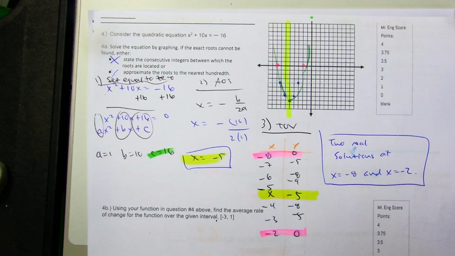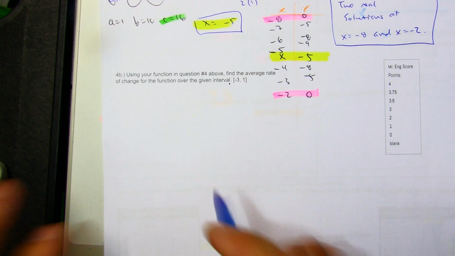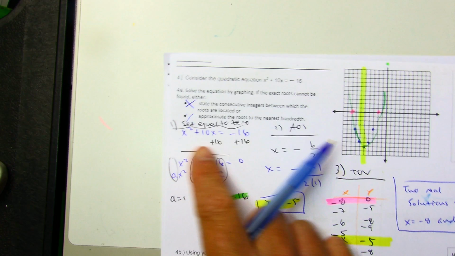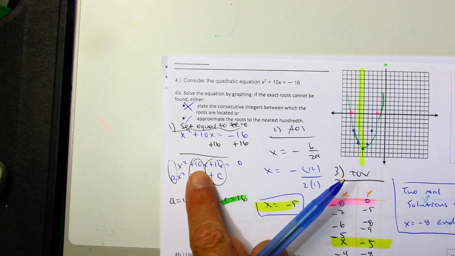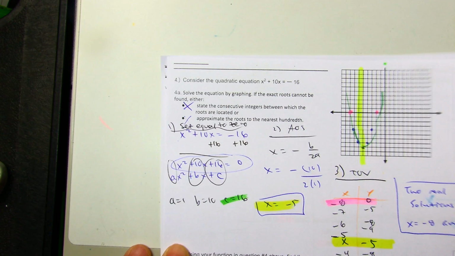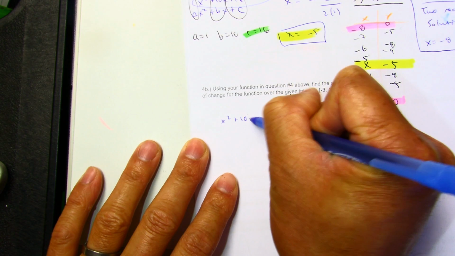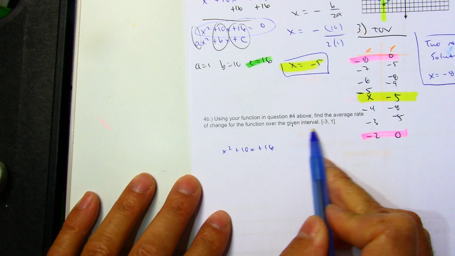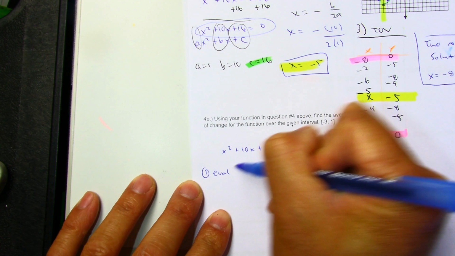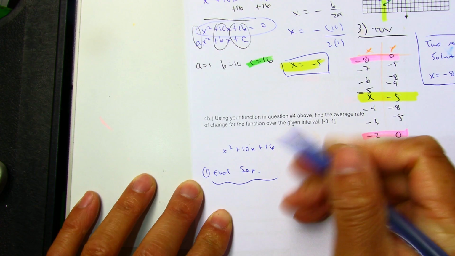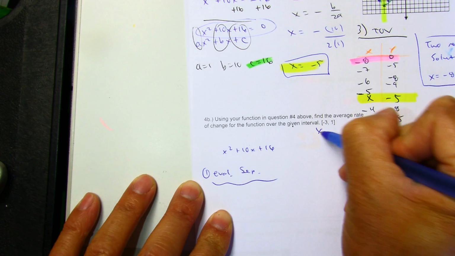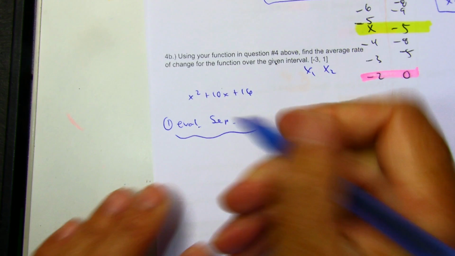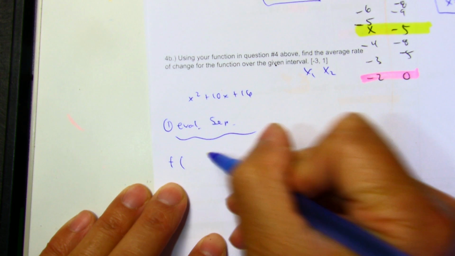For B, using your function in question number 4, so this one up here, let's write it down, which we already kind of moved, so I'm probably going to use that one right here. X squared plus 10x plus 16. Find the average rate of change of the given interval, so let's go ahead and evaluate separately. X1, X2, that's an interval, not an ordered pair. So f of the number, every time there's an x, I'm putting in parentheses.